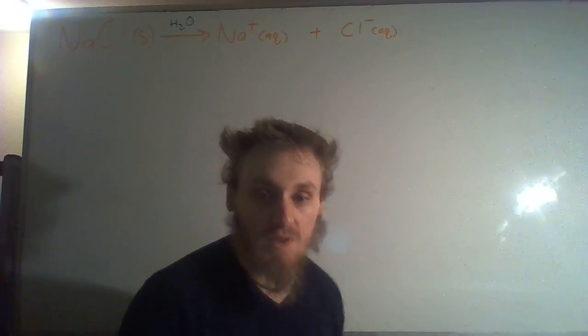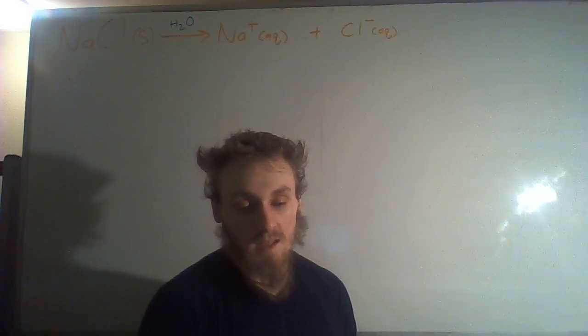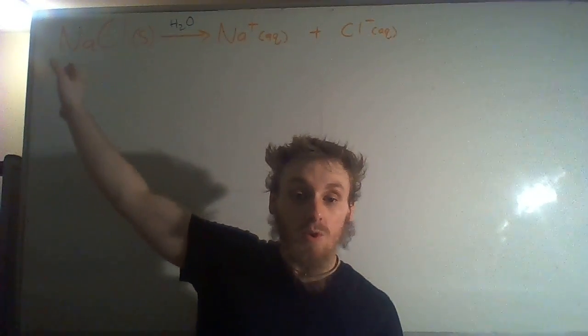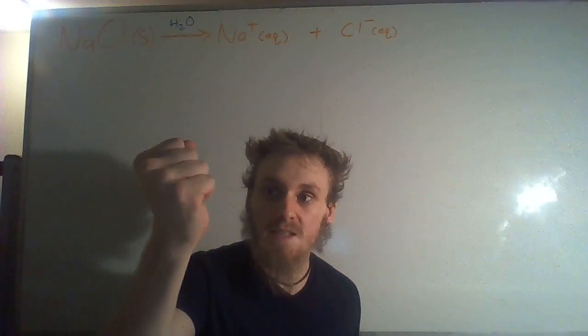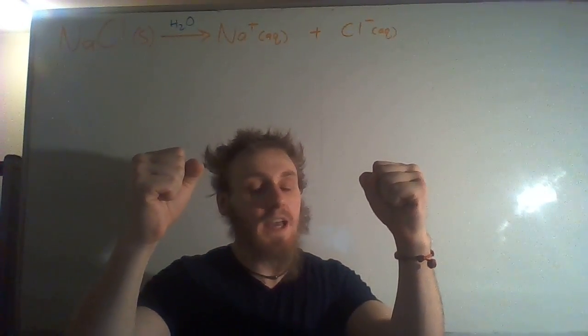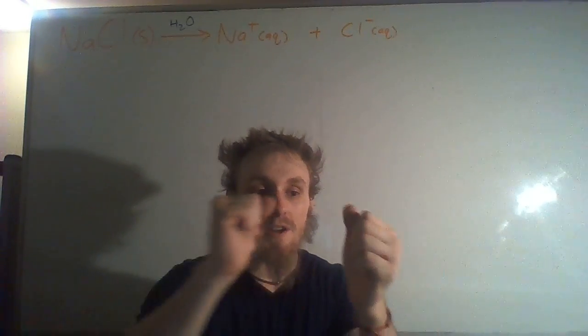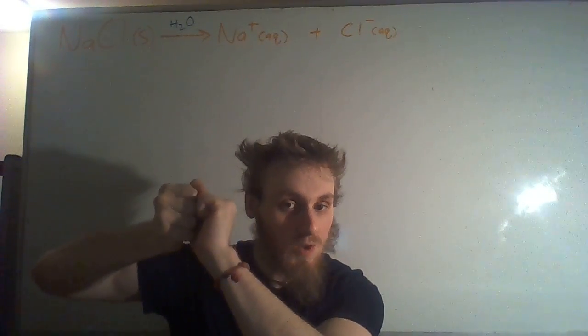So I want to draw some pictures here to explain what's going on at the nanoscale. Basically, you're going to take this solid sodium chloride and put it into water, right? And let's just say that this is a sodium ion and this is a chloride ion. Initially, when you put that sodium chloride into water, those ions are going to be in pretty close proximity to one another.